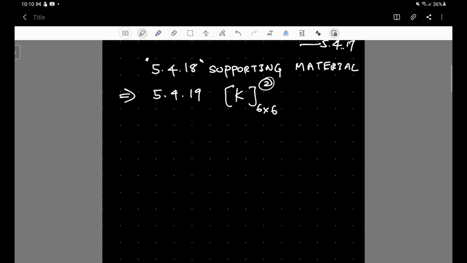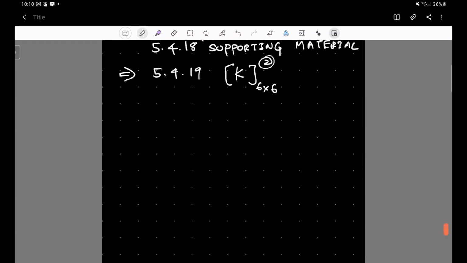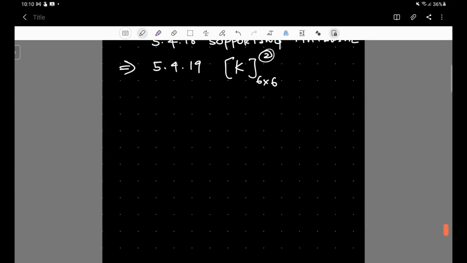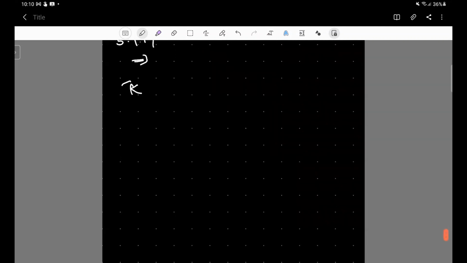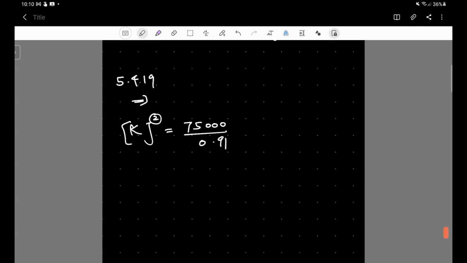Because this becomes important for the next step, I will have to write down the element stiffness matrix. I will write down 5.4.19 here, the element stiffness matrix for element number 2, by taking these factors out of the matrix. 5.4.19 is what I have written here.